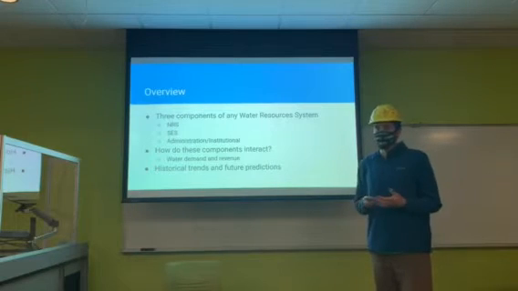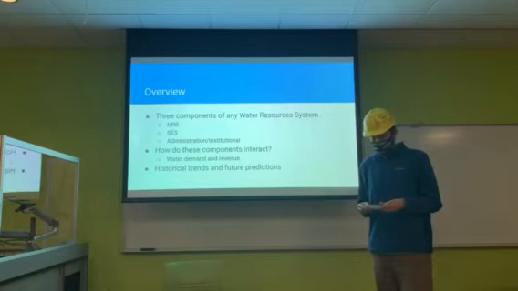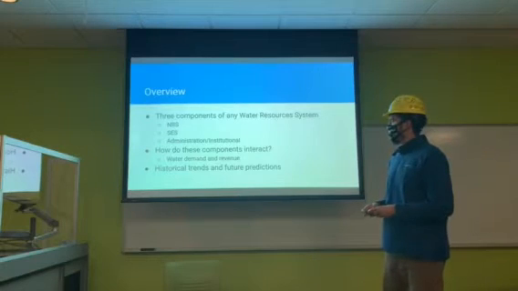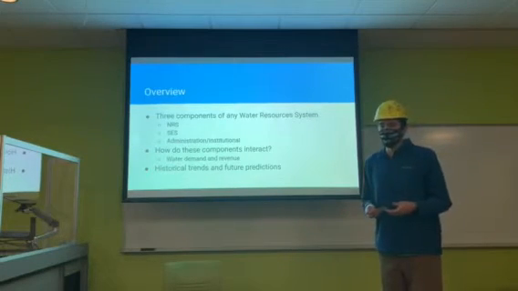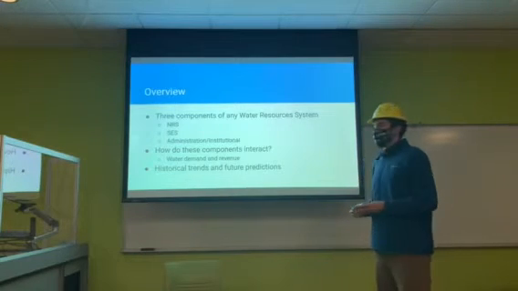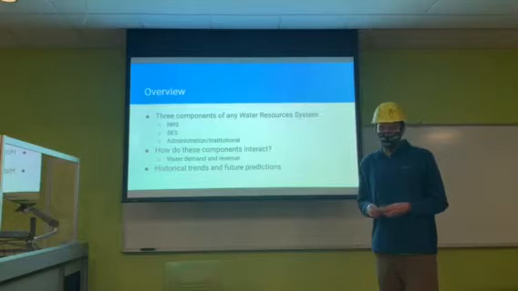The socioeconomic system consists of local households, fishermen, hikers, anything that has to do with recreational water use. So for Springfield, you can think of the city itself and then some of the surrounding towns like Wilbraham, Chicopee, or Westfield. And then for the administration and institutional component, broadly you have the USACE, or the U.S. Army Corps of Engineers, the EPA, the U.S. Bureau of Reclamation, things like that.